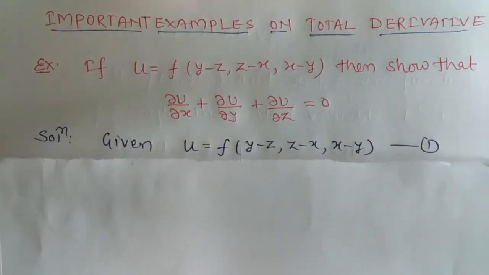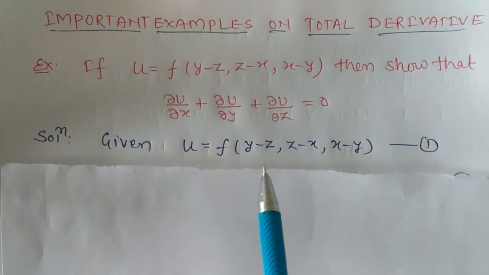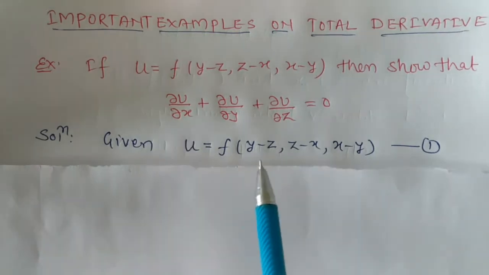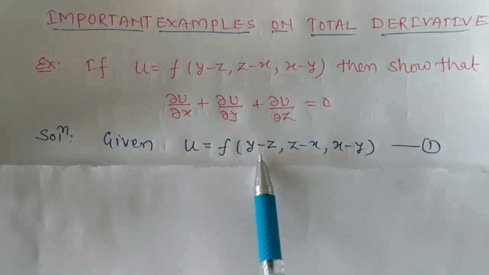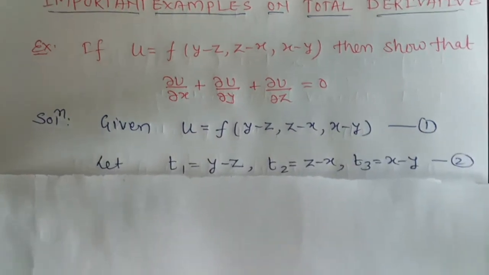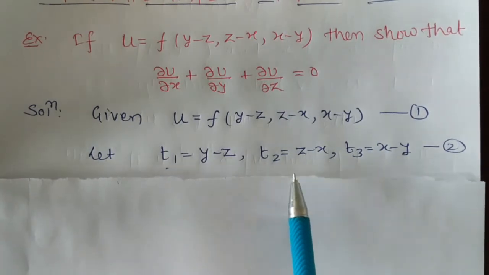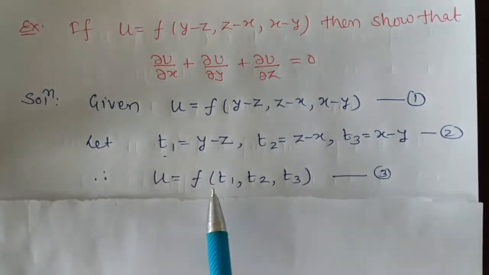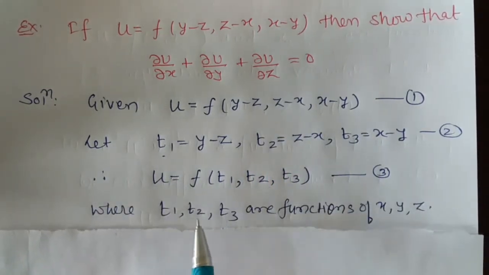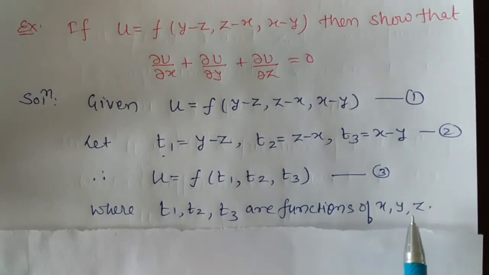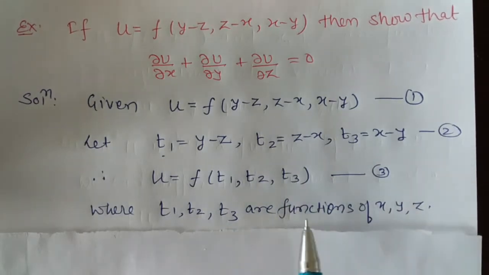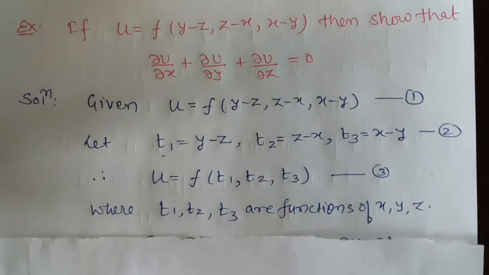So given u is a function of y minus z, z minus x, x minus y. Now let y minus z be t1, z minus x be t2 and x minus y be t3. Therefore, we get u is a function of t1, t2 and t3, where t1, t2, t3 are functions of x, y and z.